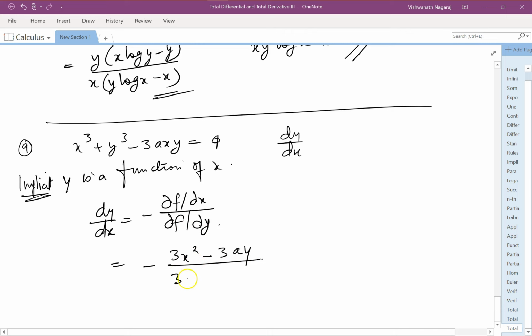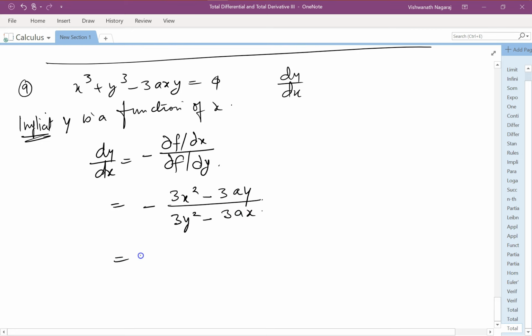So 3y² minus 3ax. So here let's take out 3 common, so x² minus ay, 3 times y² minus ax, so 3 cancels and we are left with, and let's reverse the signs so that we don't have a negative sign in the beginning.